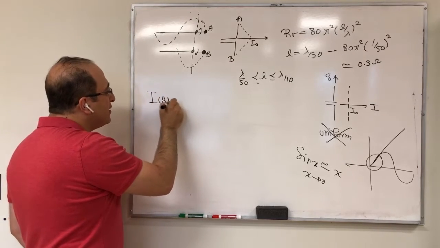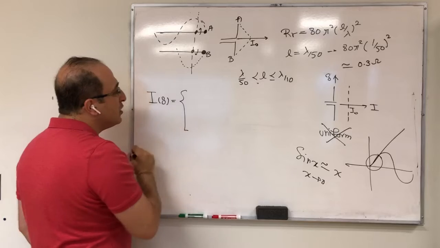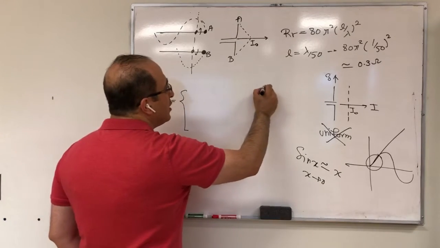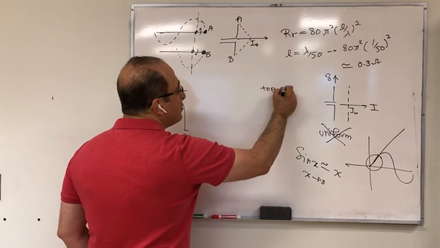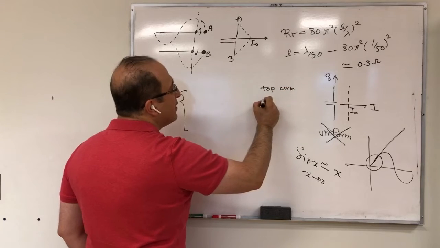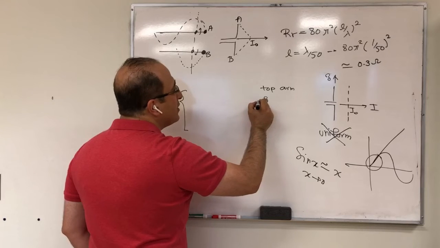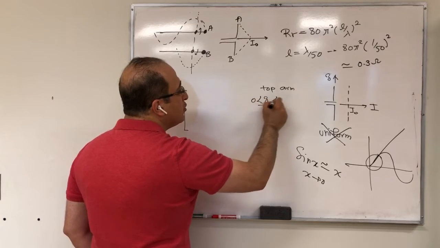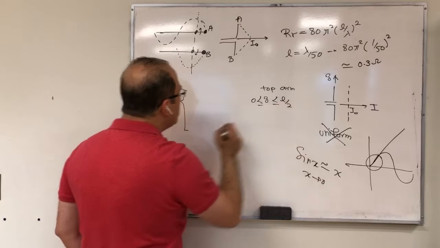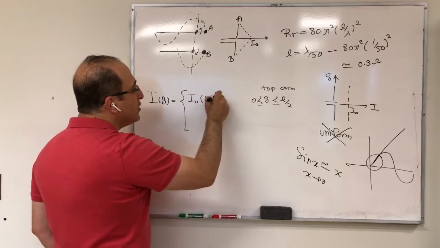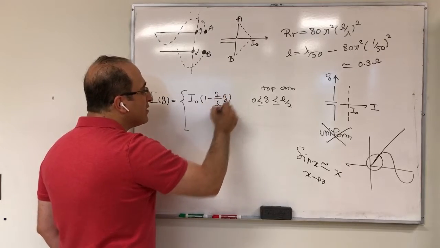I(z) would be equal to, for example, for the top arm, where z is from 0 to L/2, I_0 (1 - (2/L) z).